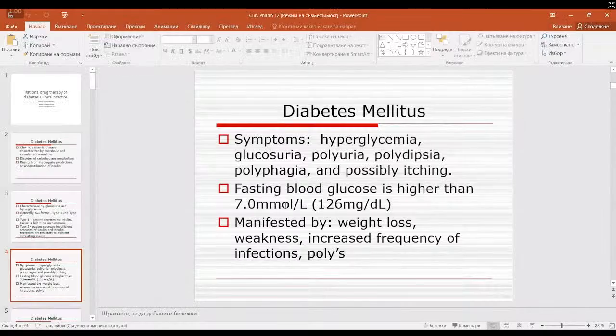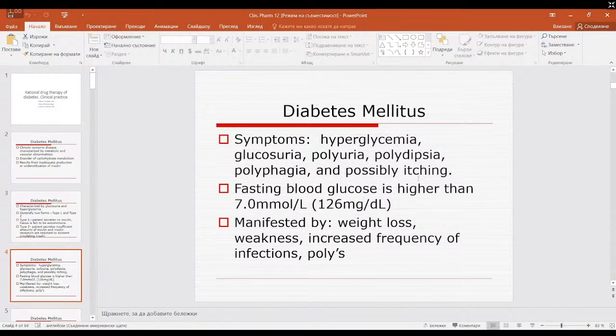In Bulgaria, we usually use millimoles per liter, but in the US, in Germany, I think also in Greece and in Turkey, milligrams per deciliter are used. If you ask me, I think you should know, if not exactly, like 7 millimoles is equal to 126 milligrams, at least have an understanding.